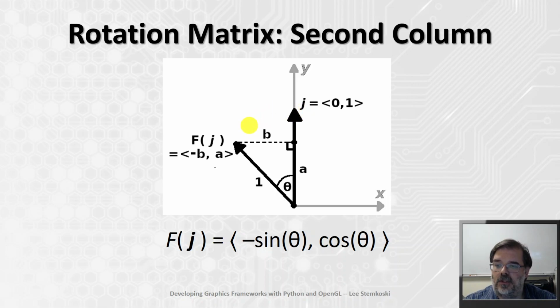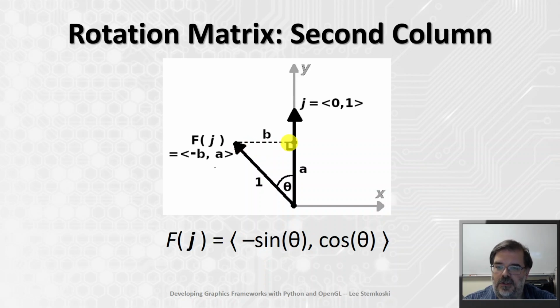So we go ahead and rotate this, and we're going to get another right triangle, but in this case, I actually need to draw the perpendicular from the endpoint of f of j across to the y-axis. And so I'll go ahead and draw that, because the angle theta is between j and here. And I want that angle theta to be inside the triangle.